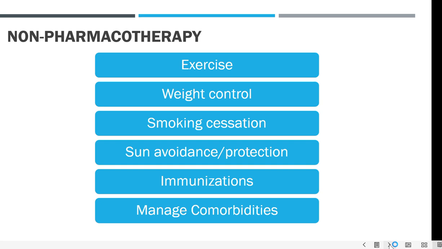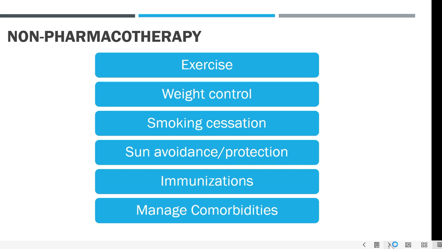Exercise and weight control help with some of our musculoskeletal factors of SLE, as does smoking cessation, as that is a risk factor for flares and disease progression. Sun avoidance and protection are also very important, especially for patients having cutaneous reactions, as we saw in those pictures.